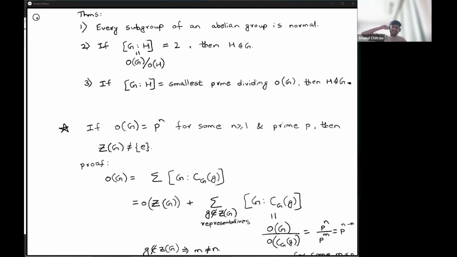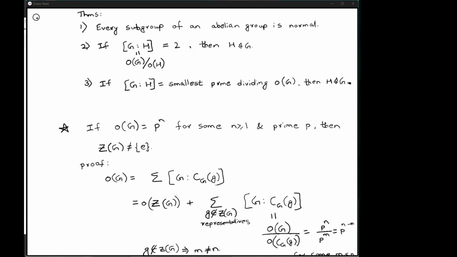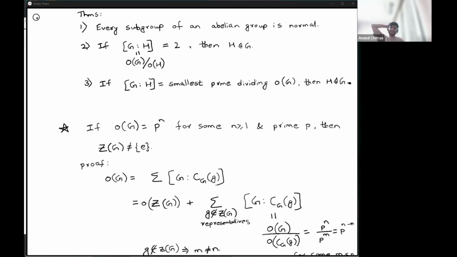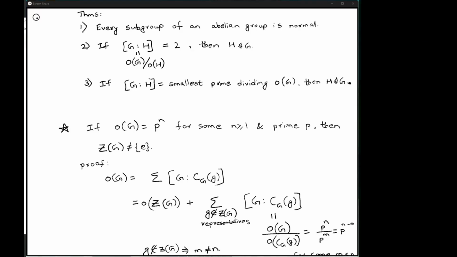Can you repeat? Say you asked how many non-isomorphic groups of order 4. The prime factorization of 4 is 2 raised to the power 2. So the power of 2 is 2. We take the partition of 2, so the total number of partitions of 2 will be the number of non-isomorphic groups.